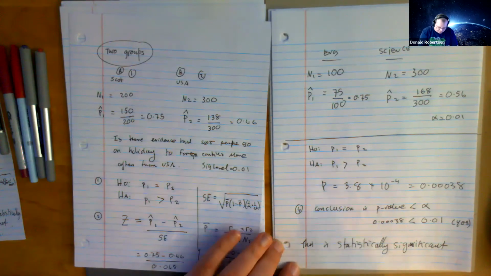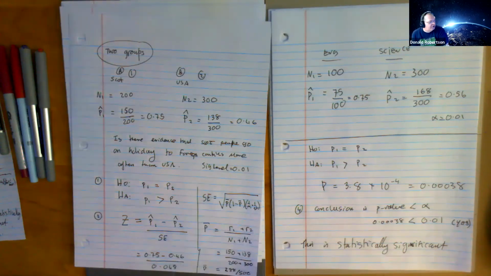And can't we then say there's enough evidence to reject H naught and so HA is true? But in English, wouldn't that mean that it's a statistically significant result? We've proved that English majors will typically read books, novels for entertainment more often than science majors.